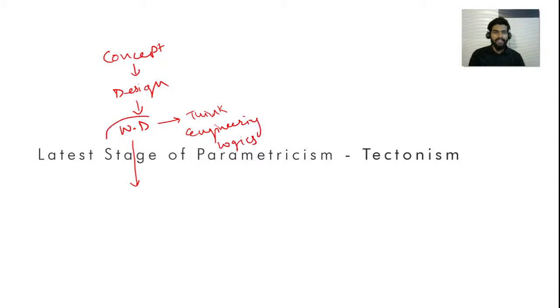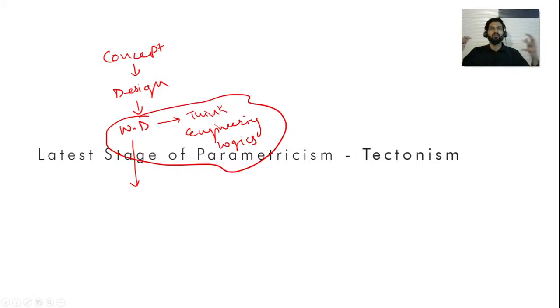Right. So at this stage, you think of engineering logics of what sort of material would be used, how the material would get joined with each other, what would be the structural elements, what would be the curtain walls, and things like that. You take care of it usually at this stage.